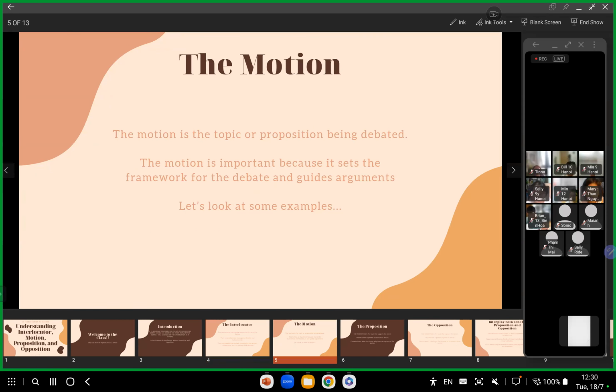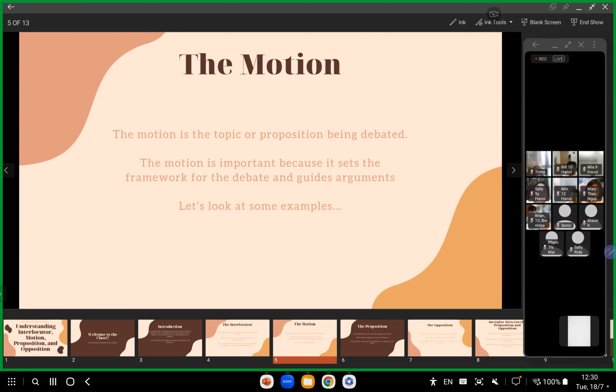The motion. So the motion is the topic or the proposition being debated. The motion is a statement that is made by the proposition team, and that motion lets everybody know what they agree with. We looked at some examples in that class, which I think was last lesson.